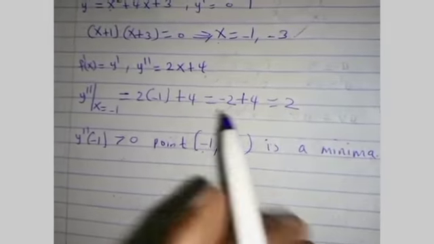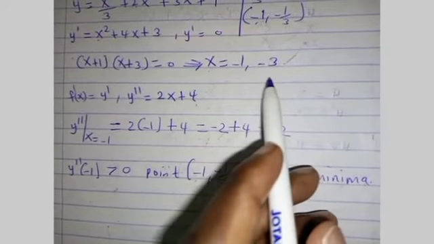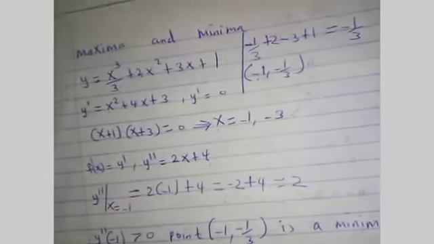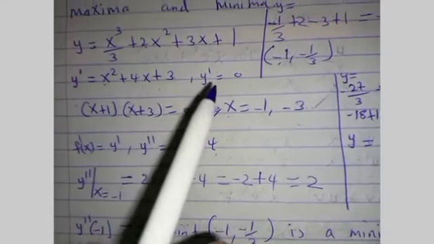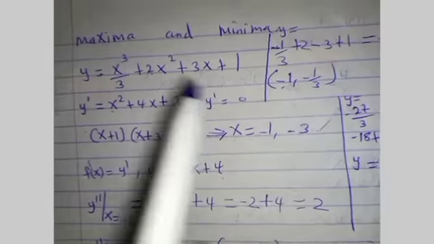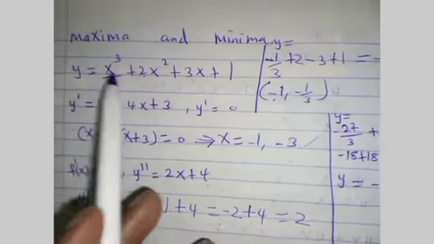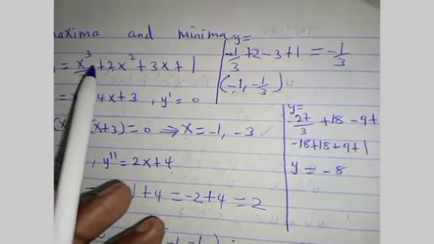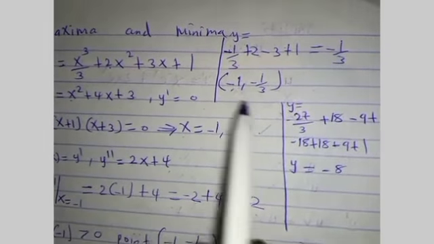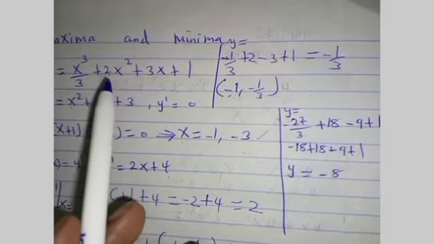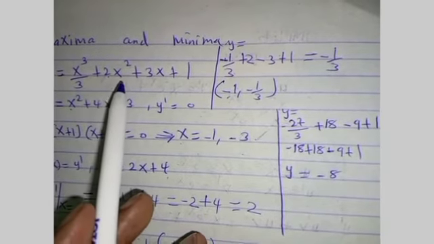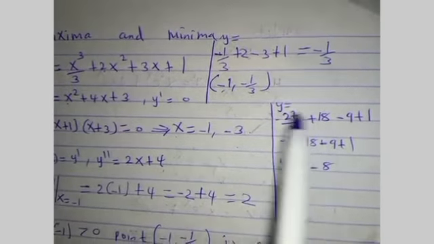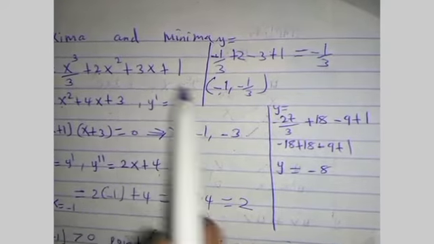So let us check the second point. So we want to check this point where x is equal to -3. So first of all, you obtain the value of y. So to substitute, we substitute here, y is -3. So this is -27 over 3 plus -3 squared is 9 times 2, 18. Then you have -3 times 3 is -9.